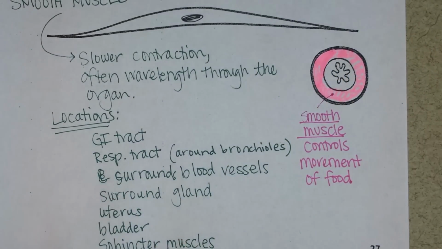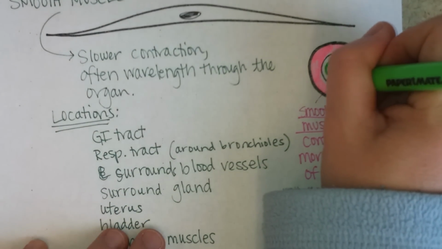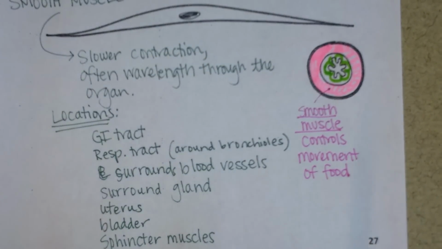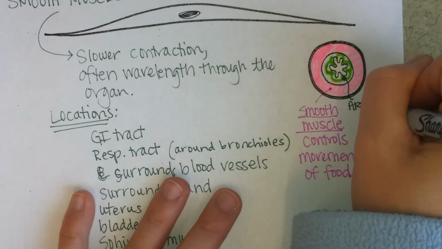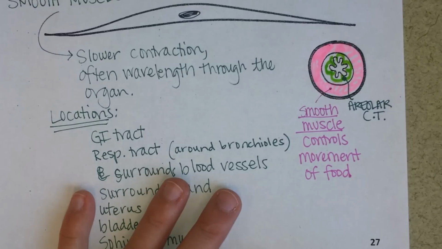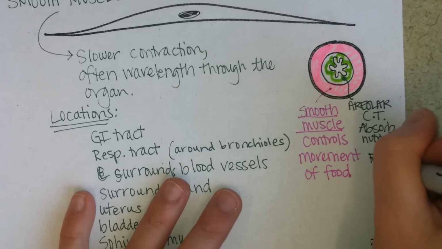And then do you remember the areolar connective tissue? It would be in this area here, part of the submucosa of the intestine. And one of the main jobs of that is to absorb the nutrients and fight infection.